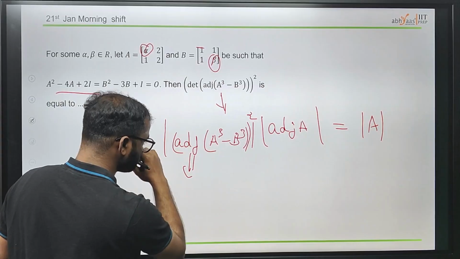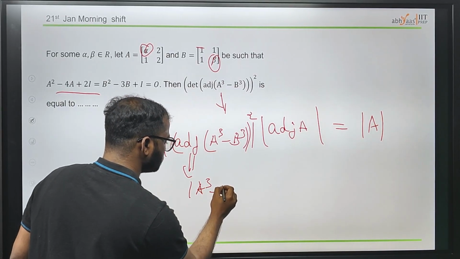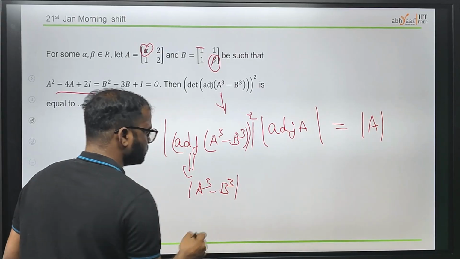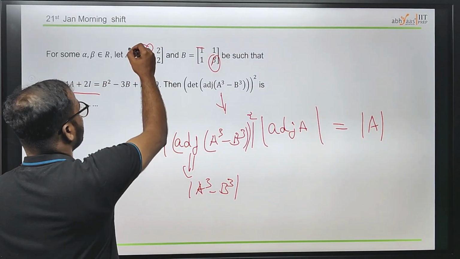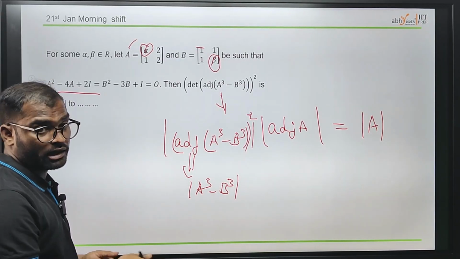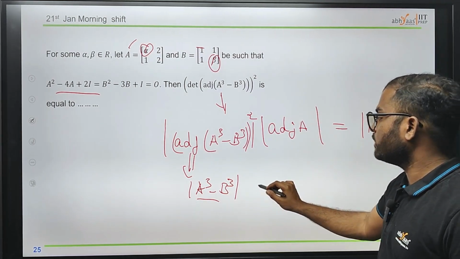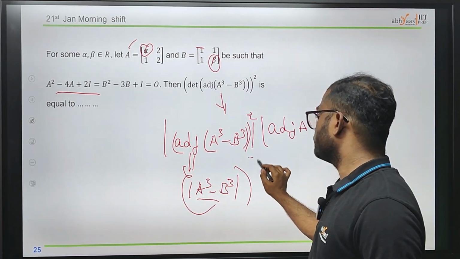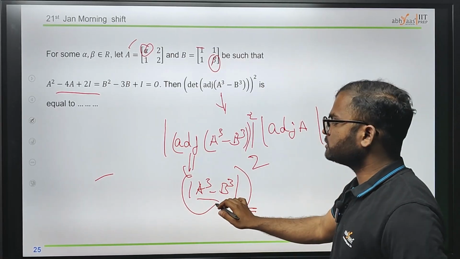Now this can be written as A cube minus B cube. To find the A cube and B cube, do A square into A. After that you can easily find this one. Then do the determinant, and after that you have to square it. After finding this, we can easily find the A cube minus B cube.